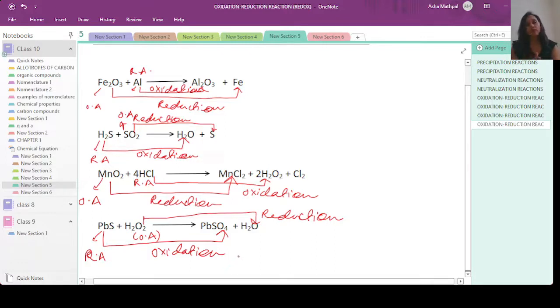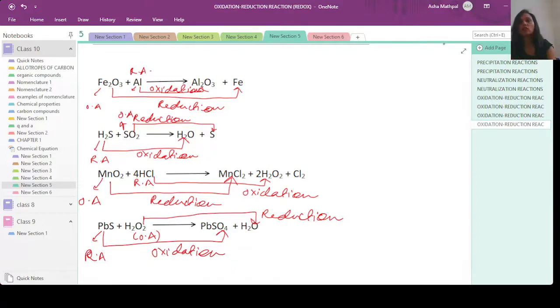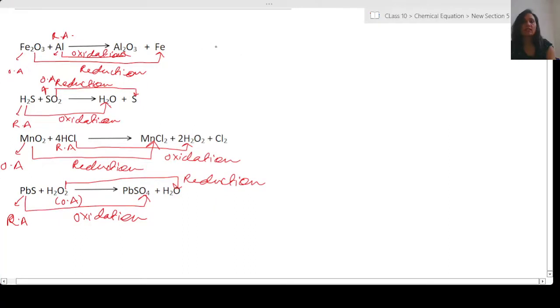at the same point of time there is a reduction reaction also occurring, right? So basically in a chemical reaction, both reduction and oxidation go on simultaneously. Reduction and oxidation occur simultaneously.